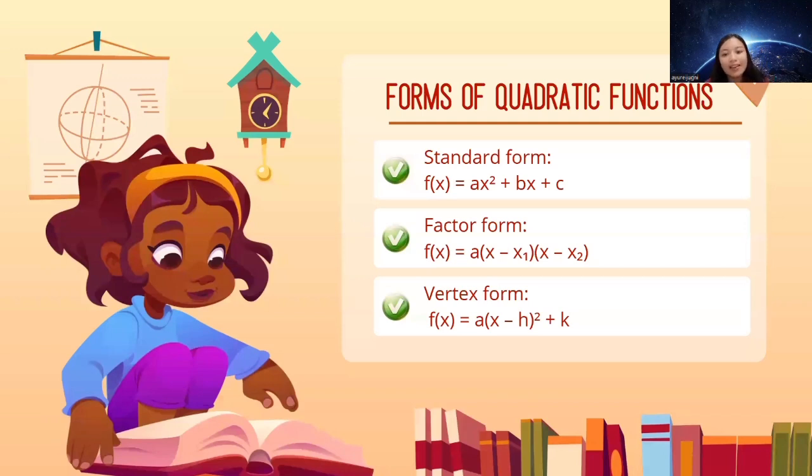Next, we will study the forms of quadratic function. There are three forms: standard form, factor form, and vertex form. The standard form is f of x equals ax squared plus bx plus c. The factor form is f of x equals a times x minus x1 times x minus x2.